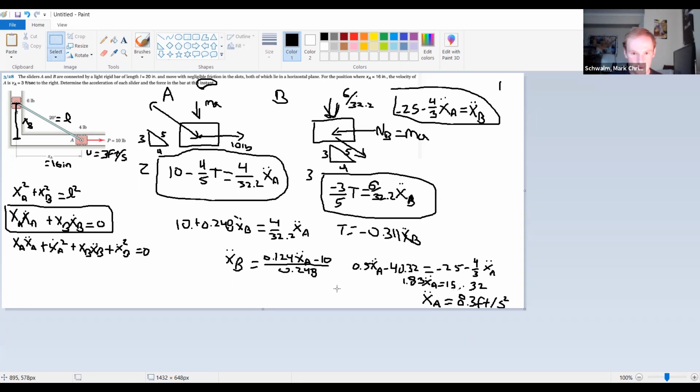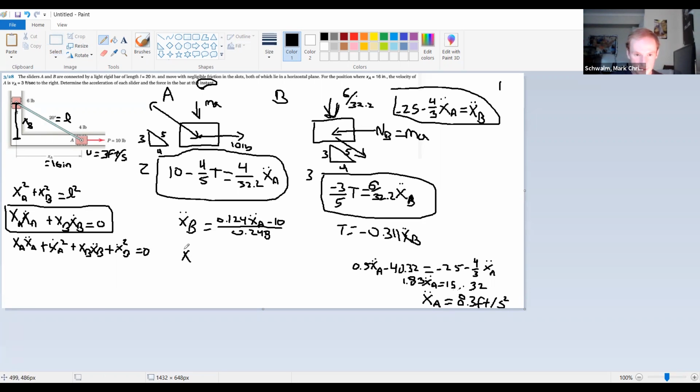All right, so now we have that. If you use this x double dot a, just plug it in over here, and then you can find x double dot b is equal to negative 36.1 feet per second squared.